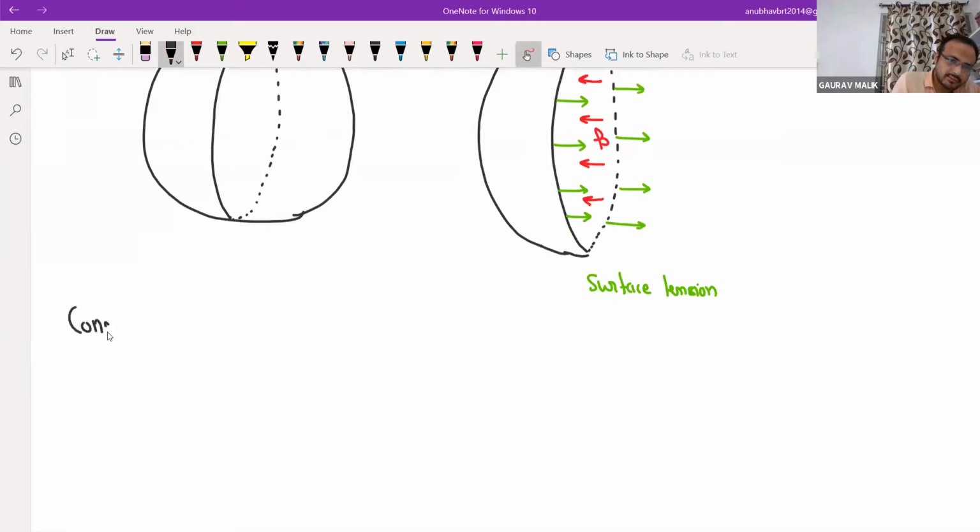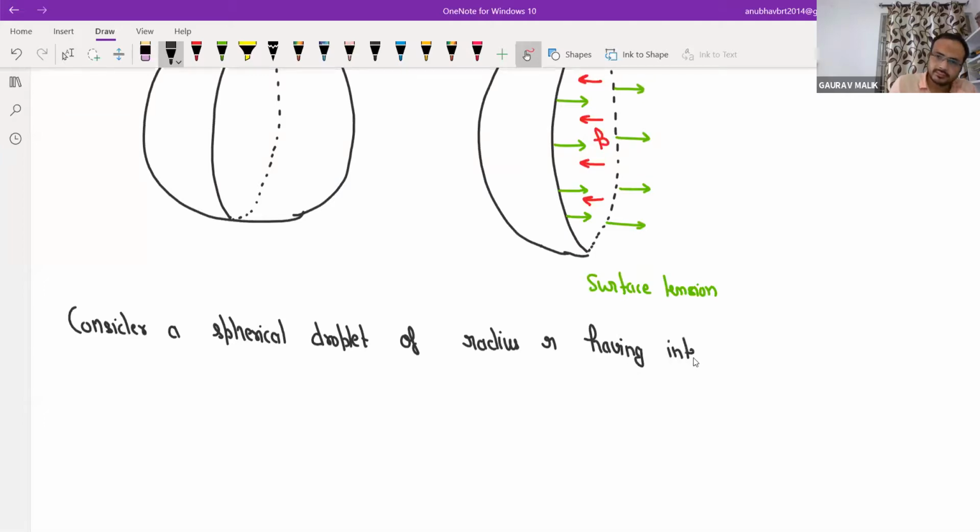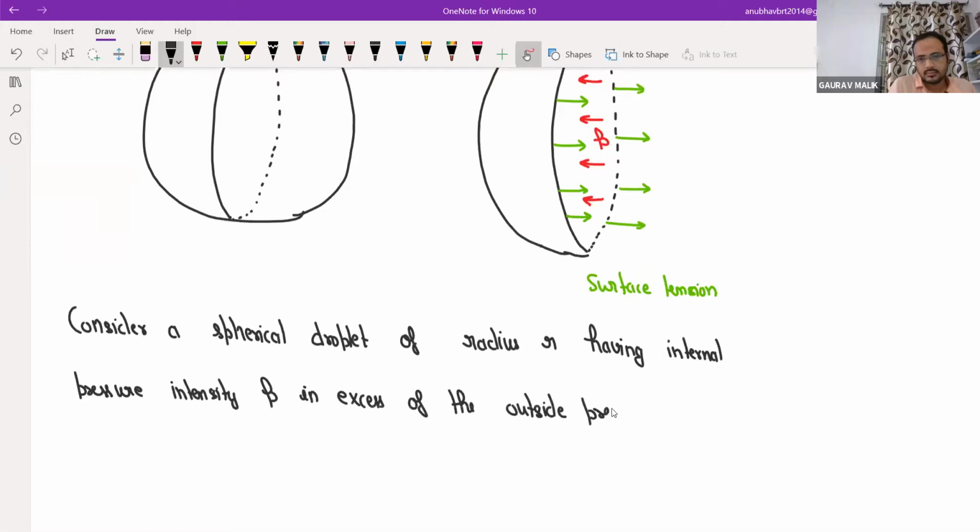Write down. Consider a spherical droplet of radius r, having internal pressure intensity P in excess of the outside pressure intensity.